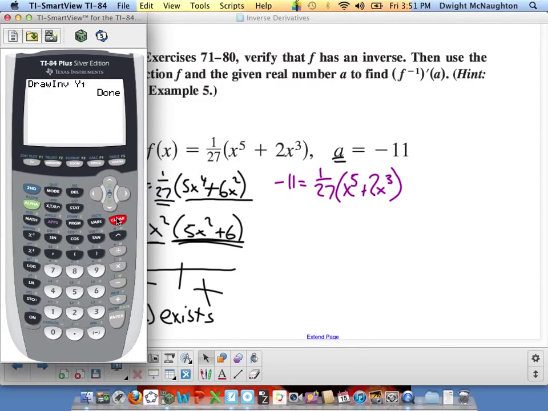Let's see here. We'll try 2 into x. Negative 11 versus 1 over 27 times x to the 5th plus 2x cubed. Not big enough. Let's try maybe negative 1 into x and see what happens. All right, getting closer. Let's try negative 2 into x.